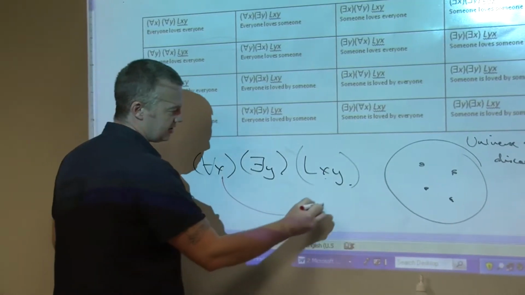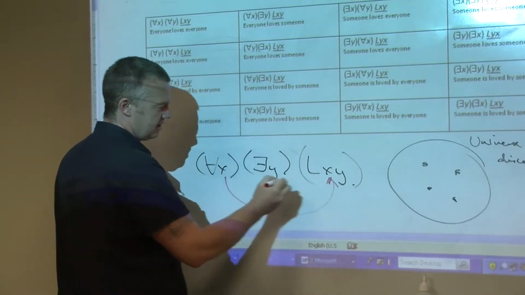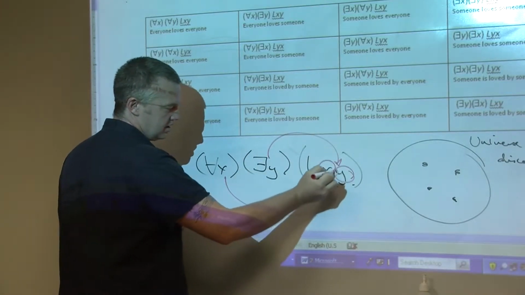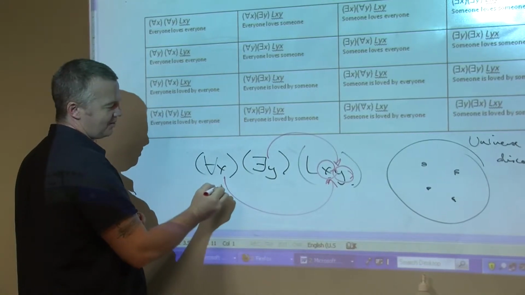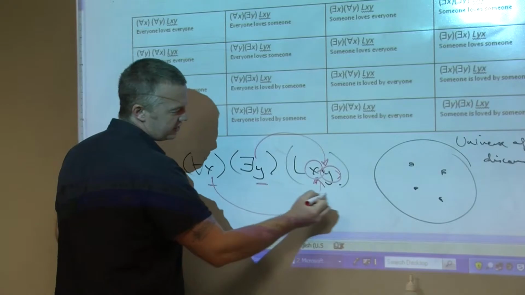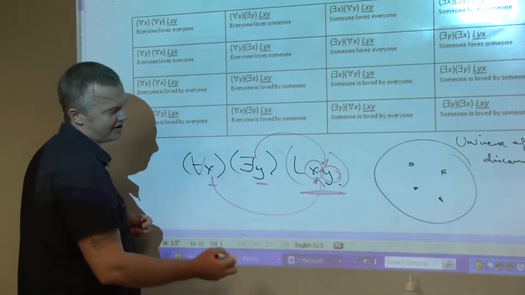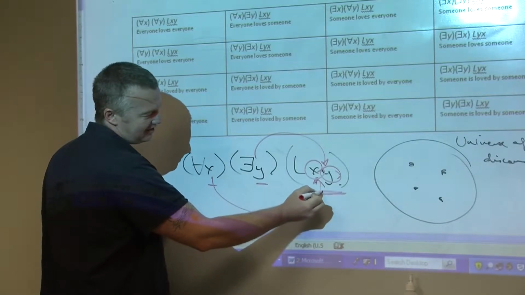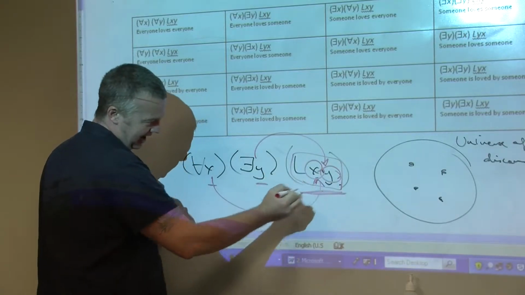X, of course, here is talking about this x. The y is talking about this y. And why do we use x and y here? To indicate order. The relevant kind of order we have here is the order of the arrow of love. How does the arrow of love obtain between x and y?